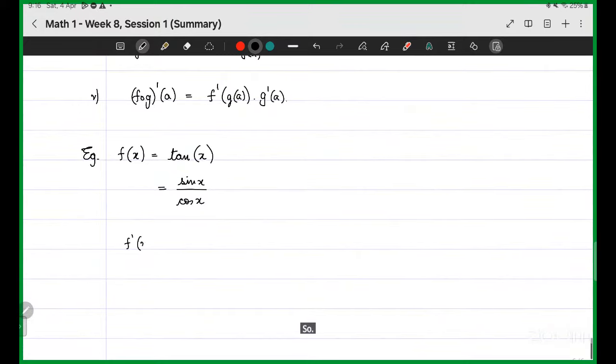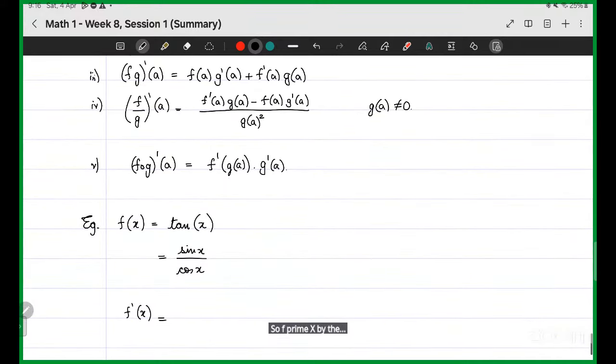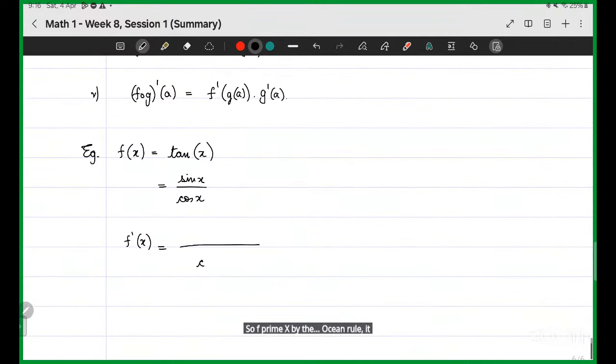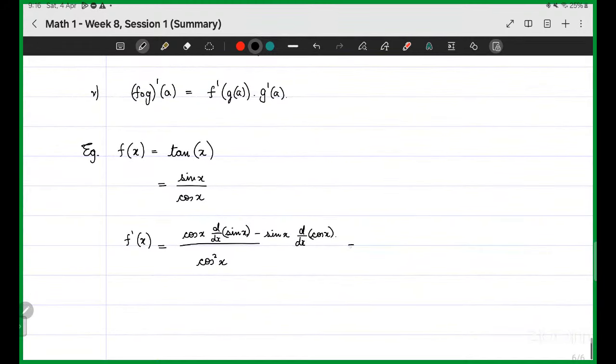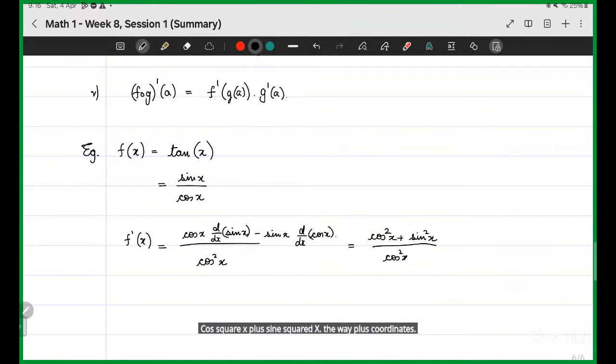So f prime x by the quotient rule, it would be cos x into d by dx of sin x minus sin x into d by dx of cos x, all over cos square x, which when I simplify becomes cos square x plus sin square x divided by cos square x. This is secant square x.